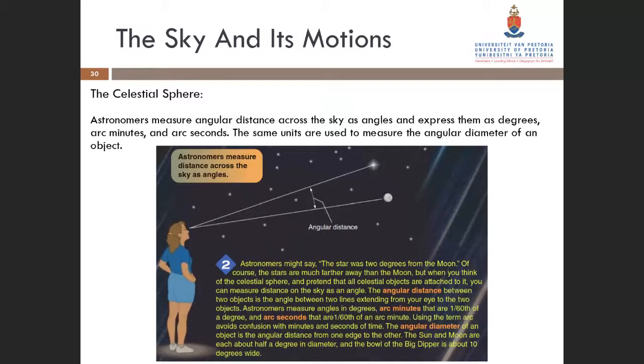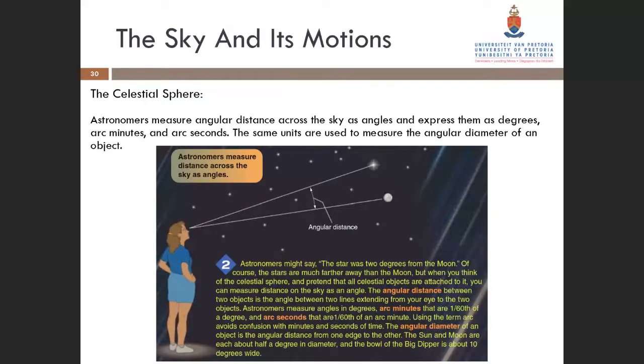Astronomers might say a star was 2 degrees off from the moon. Of course, the stars are much further away than the moon. But when you think of the celestial sphere and pretend that all celestial objects are attached to it, you can measure distance on the sky as an angle.